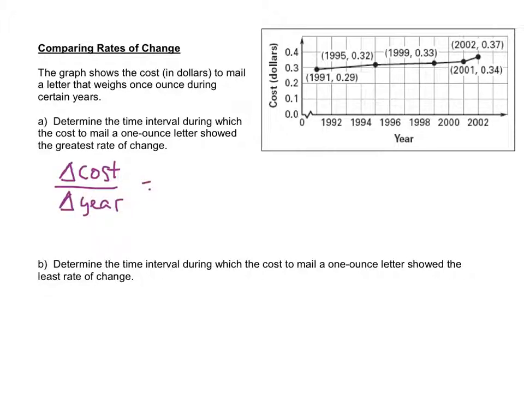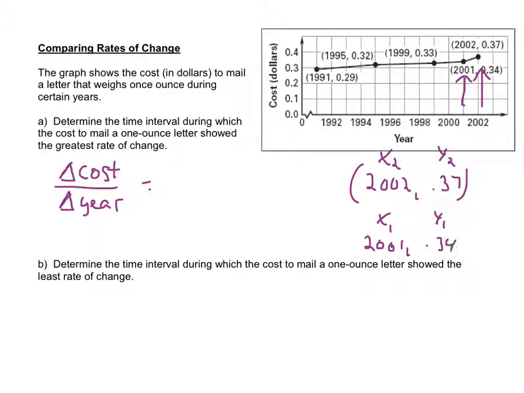So if we look at this point, the first point right here, and then we have the second point. The second point is going to be 2002 and 37 cents. So I'm going to let that be my X2, Y2, and then my X1, Y1 would be the first point, which is 2001 and 34 cents. So I'm going to look for the rate of change.